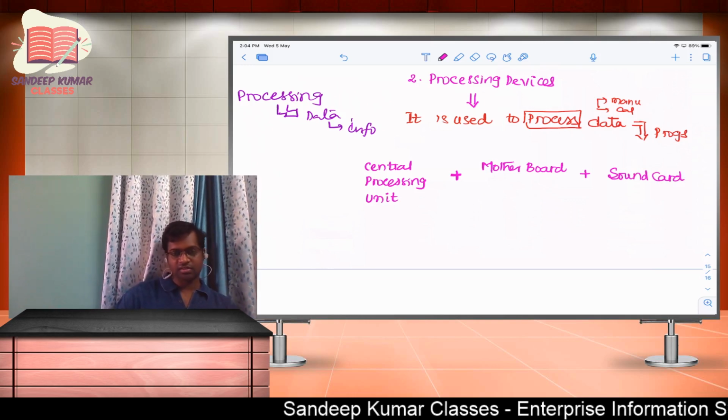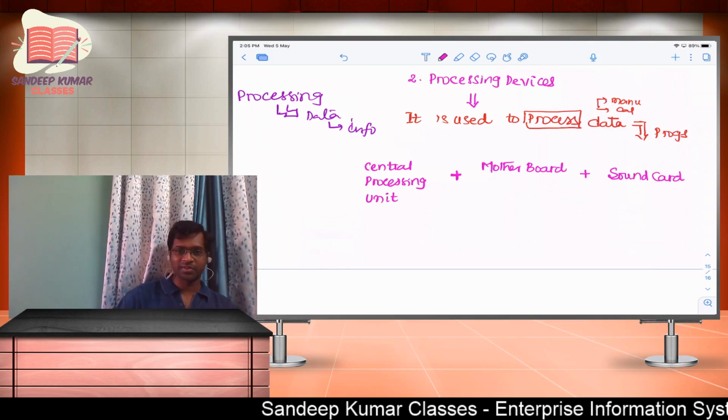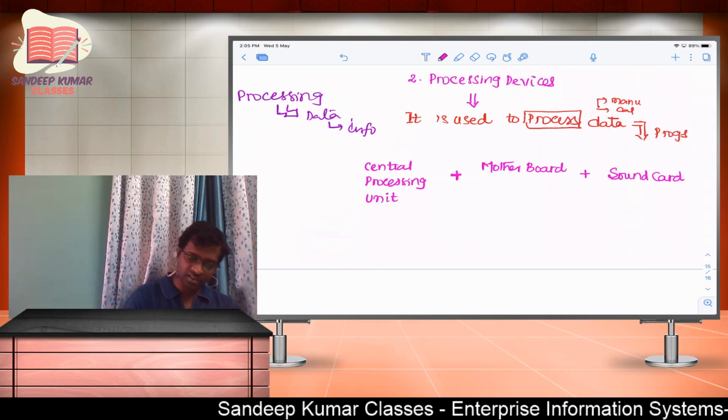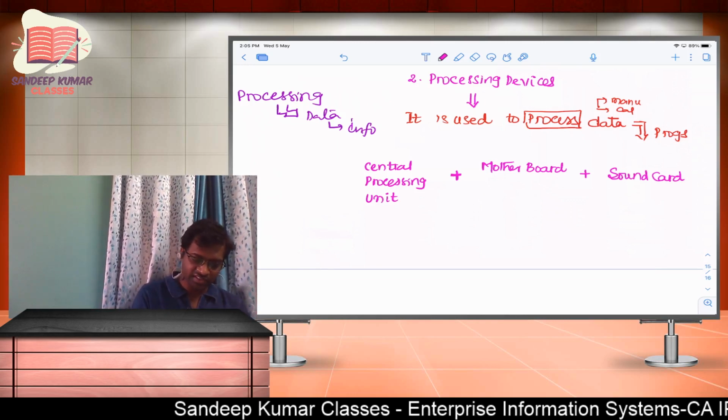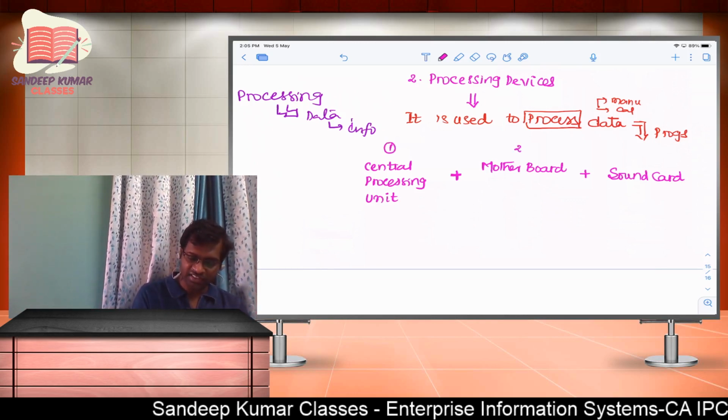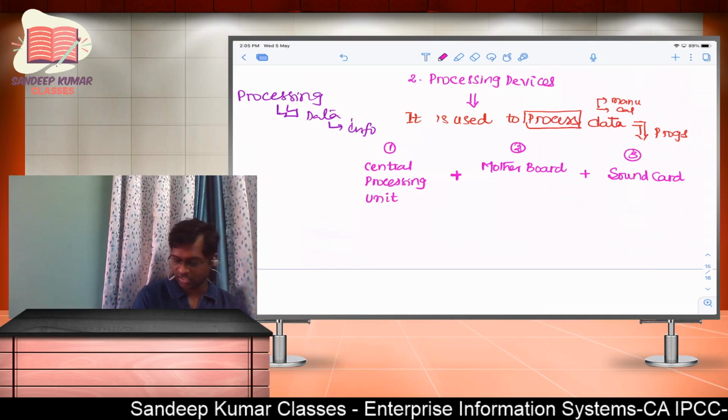We'll study the motherboard later. Sound cards are required for either recording sounds or playing sounds. So the first processing device is the central processing unit, the second is the motherboard, and the third is the sound card.